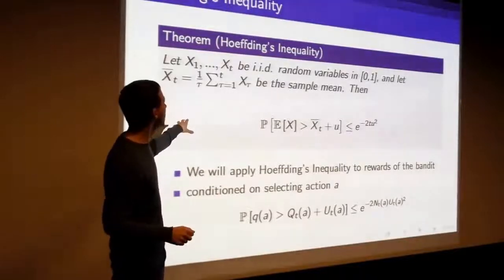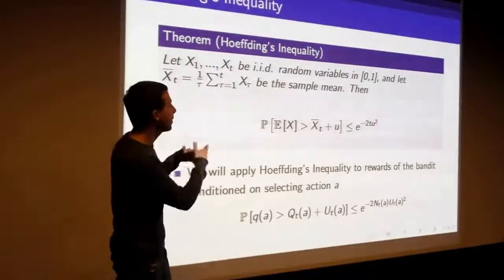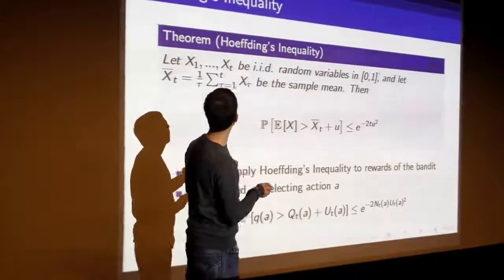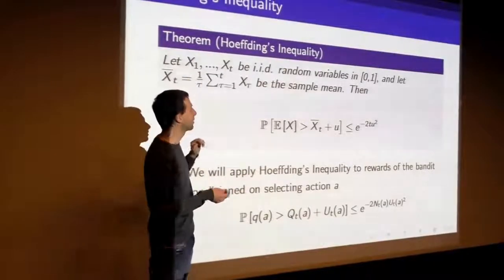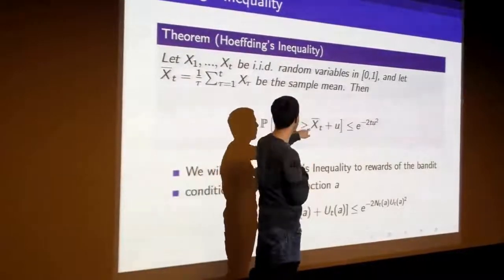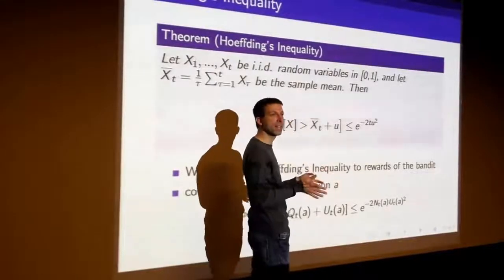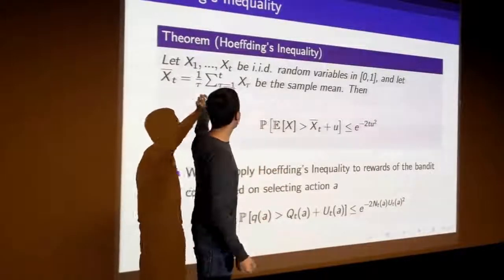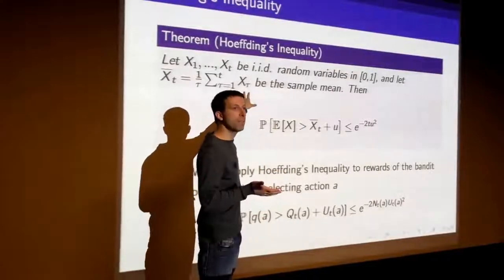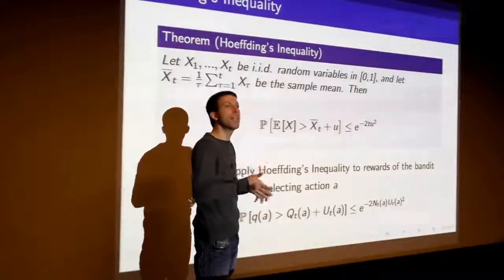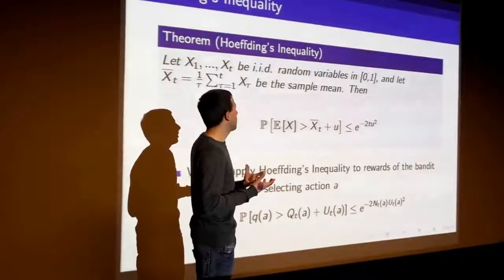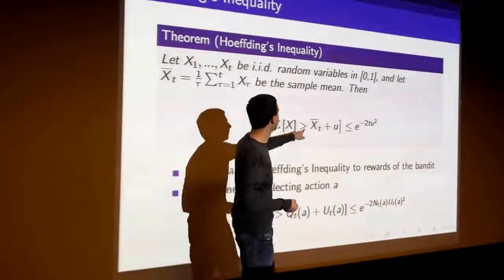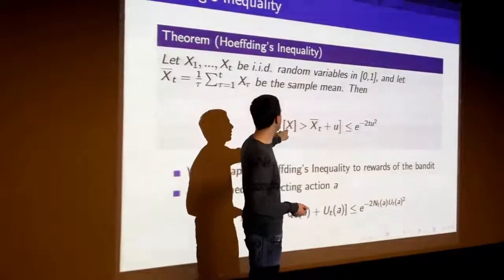This is called Hoeffding's inequality, and it's a fundamental inequality that basically tells us that if you're sampling random variables between 0 and 1, so if we've got these x values, and you keep sampling those x values again and again, and we take an empirical mean of all of our samples that we've seen so far, you take a mean of that data, then what's the probability that the sample mean is actually less?